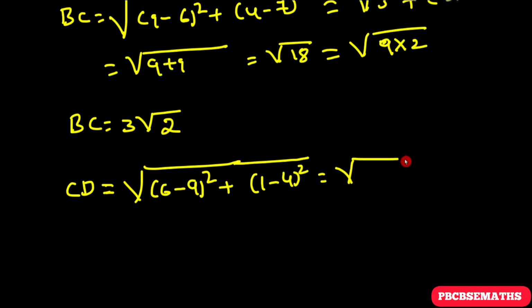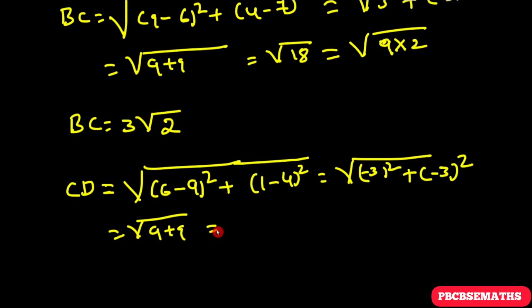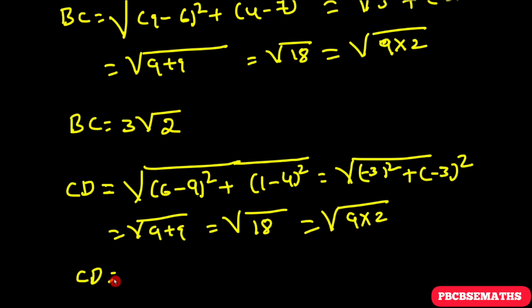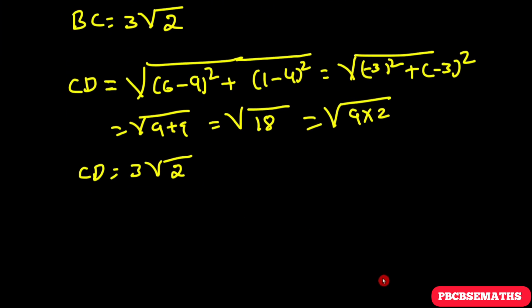By simplifying this, we get minus 3 whole square plus minus 3 whole square. Again, we get 9 plus 9, which is equal to square root of 18. You can write it as 9 into 2. So the value of CD is 3 square root 2.